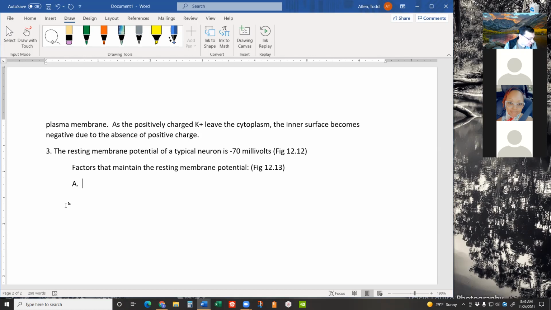I'm going to reference this to everybody, but in particular to you, Noah. Noah, do you notice in figure 12.13 of your book that on the outside of the cell, in the extracellular fluid, your book is drawing quite a few negatively charged chloride ions. But if you compare that to the inside of the cell, the cytosol, there's relatively few chloride ions. And so this gets to your issue of, well, why doesn't the chloride ion inside the cell bind?